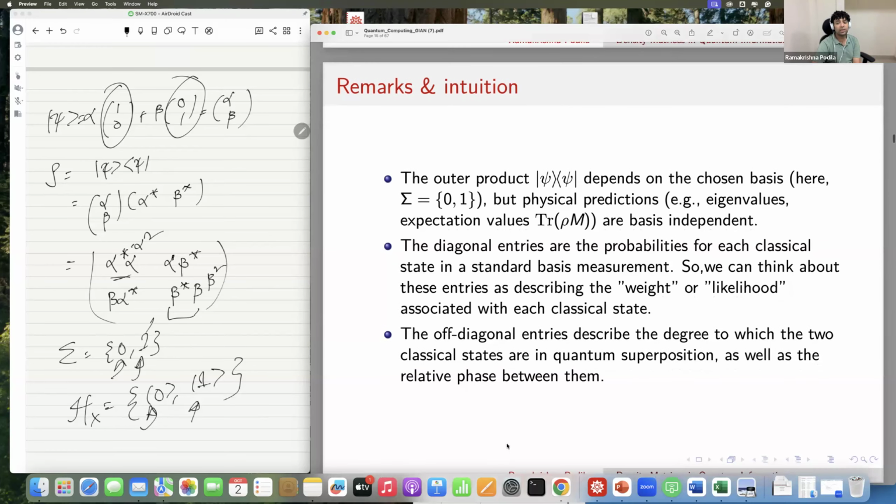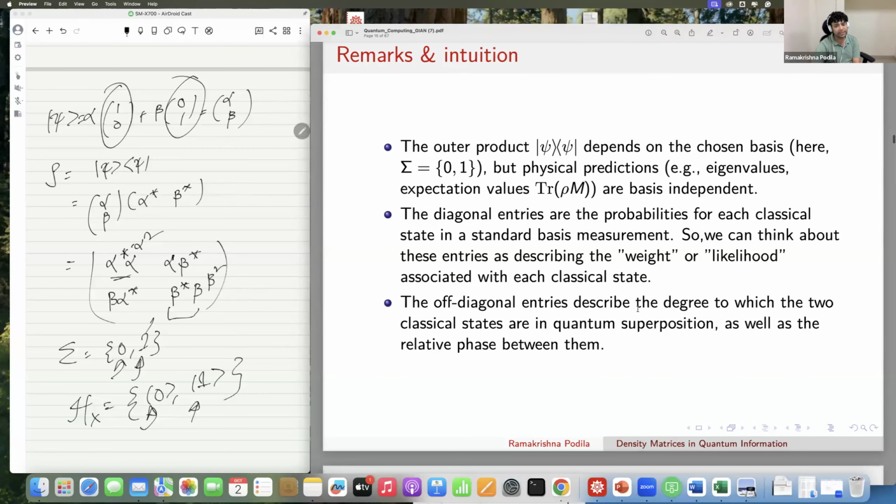The off-diagonal entries describe the degree to which these are in superposition. You get alpha beta star and beta alpha star, and you also get the degree of relative phase. For example, if I have beta to be e to the power i theta 1 and alpha to be e to the power i theta 2, then you get theta 1 minus theta 2 or whatever that is.